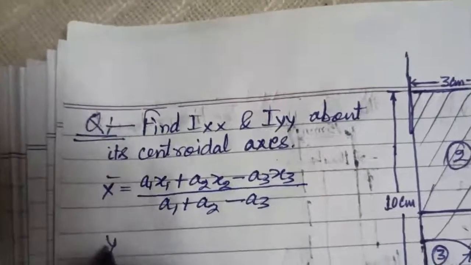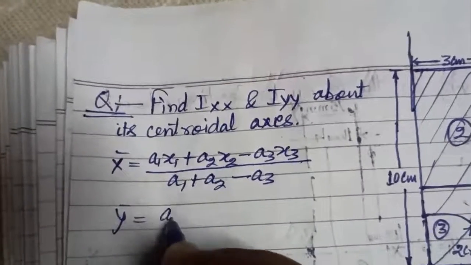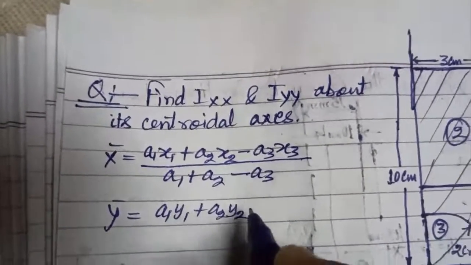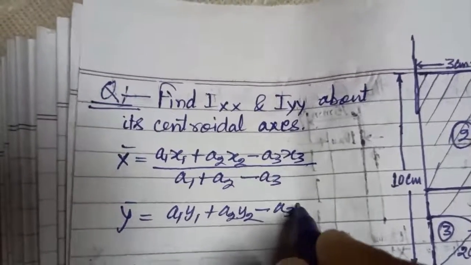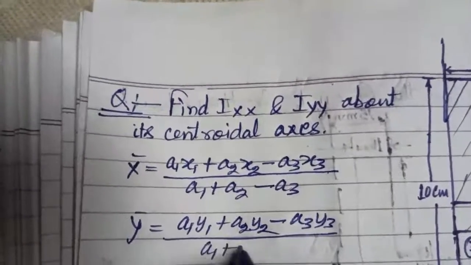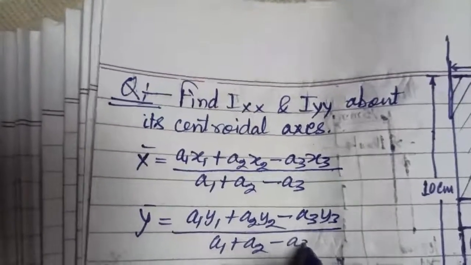Similarly, y bar is equal to a1y1 plus a2y2 minus a3y3 upon A1 plus A2 minus A3.